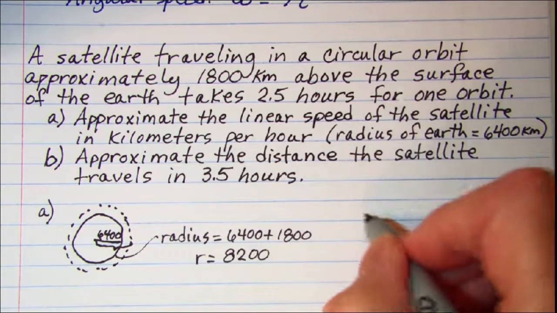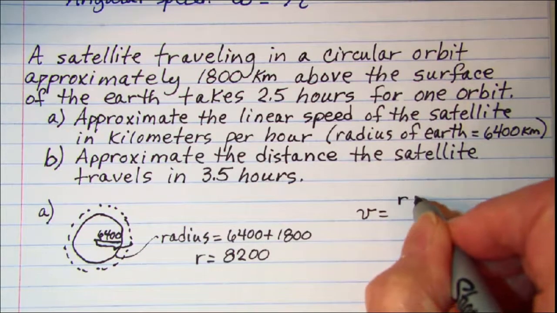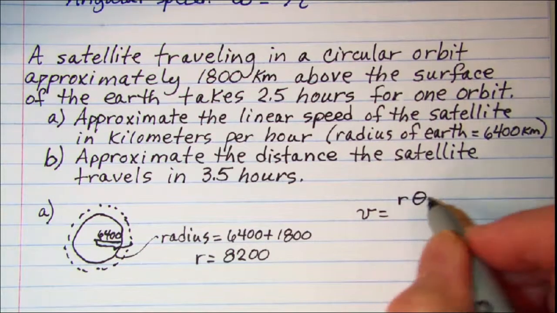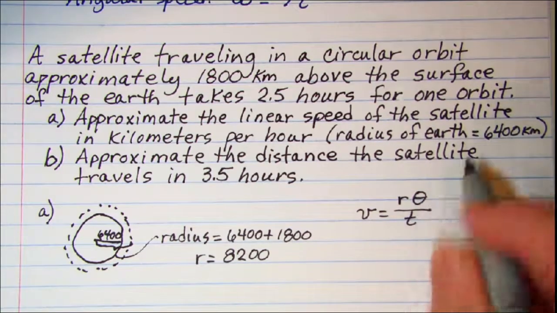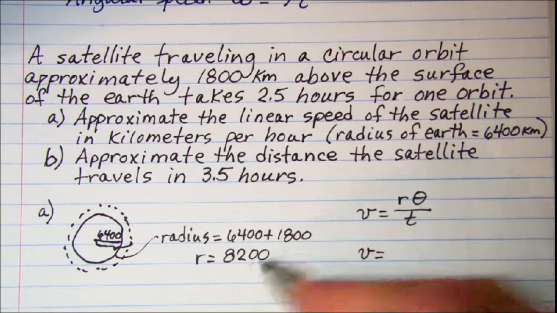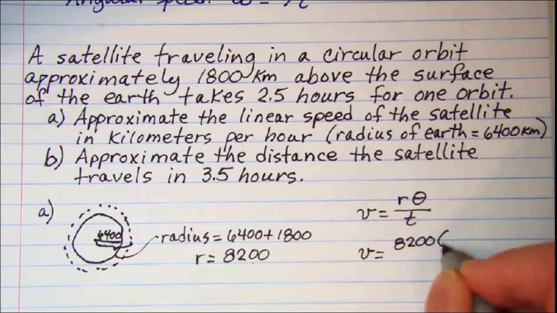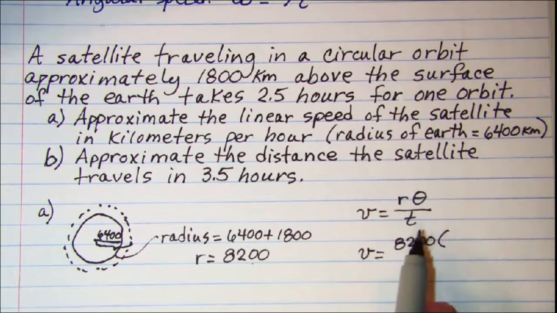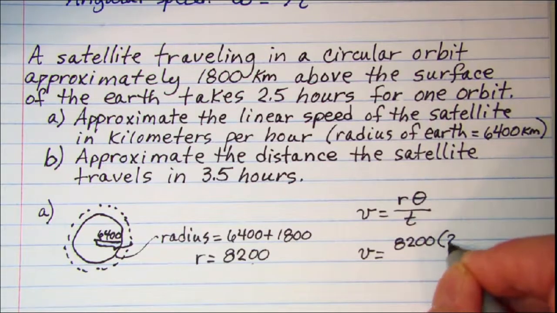Then if we use our formula, velocity is equal to radius times the measure of the central angle in radians per unit of time, we get the velocity is equal to our radius, 8,200. And we know that one orbit is the same as 2 pi radians, so our theta is 2 pi radians.